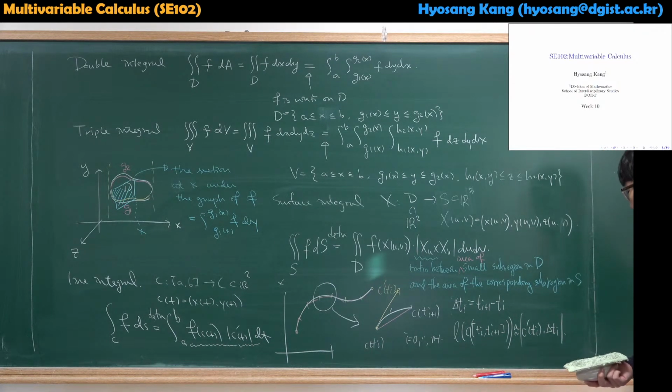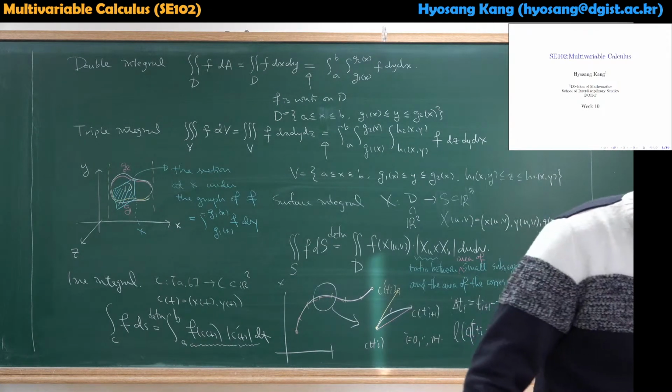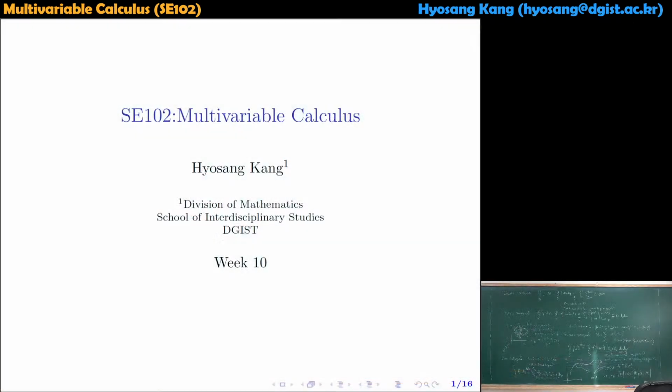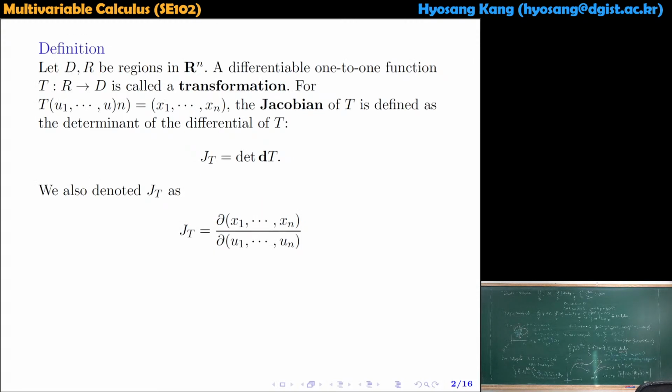Okay, so let's look at the slides again. All right, so this is week 10, where we're also going to study one of the most important theorems in double integrals.